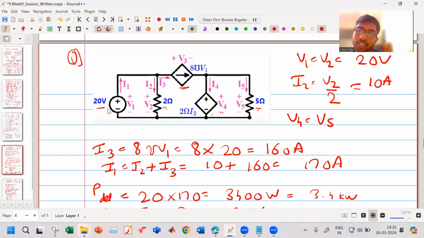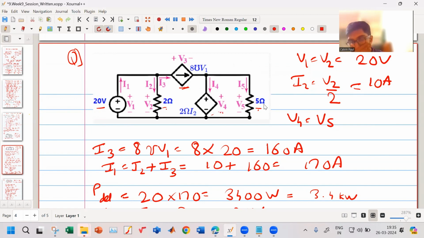And we found that this independent source is generating the power, and that is being consumed. This current source is not consuming any power because the voltage across it is 0. But this dependent voltage source is consuming some power, and these resistors are dissipating some power.